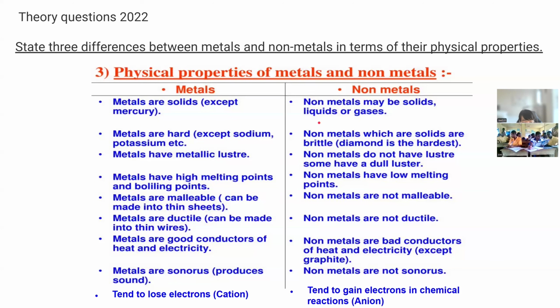That is one difference. Another difference might be that metals are hard, but nonmetals, which are solids, are often brittle. Metals can easily bend and are flexible and hard to break, but nonmetals are really brittle. They break easily.